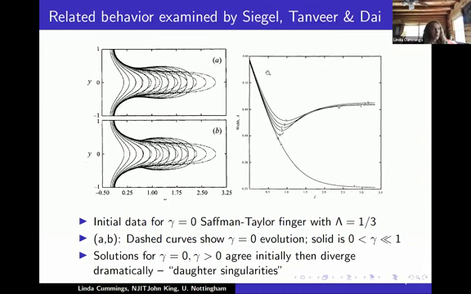Siegel, Tanveer, and Dai studied this behavior in quite some detail, and they came up with a theory of so-called daughter singularities, which explains this evolution here, where the solution starts to rapidly diverge from whatever it wanted to do initially.